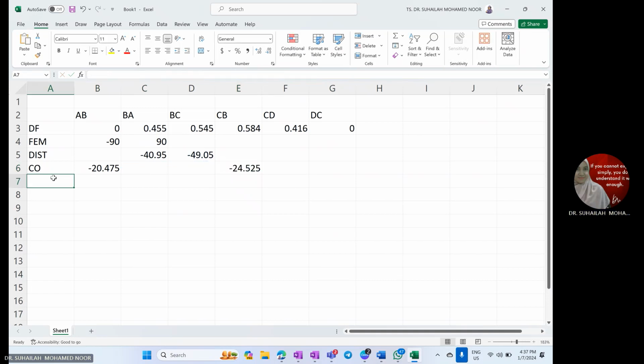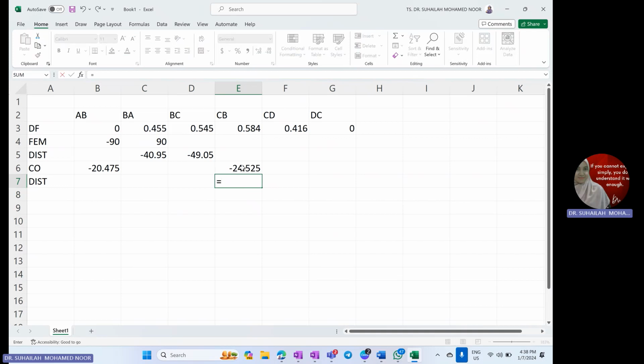Then distribution again. We just need to distribute negative 24.525 times the factor. This occurs at joint C now.